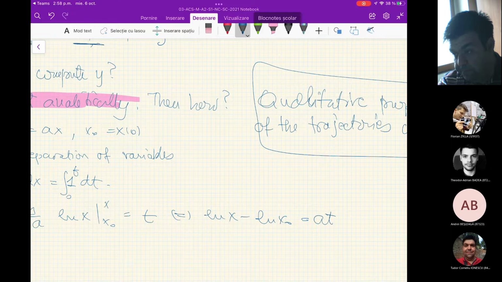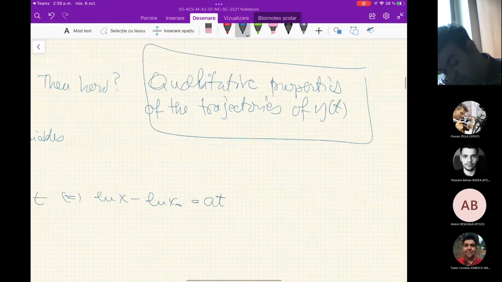You agree? Then you get that the natural logarithm of x over x naught, we know this relation of the logarithm, is at.